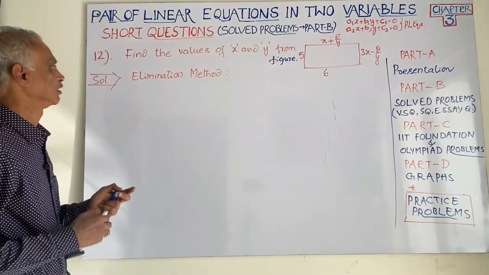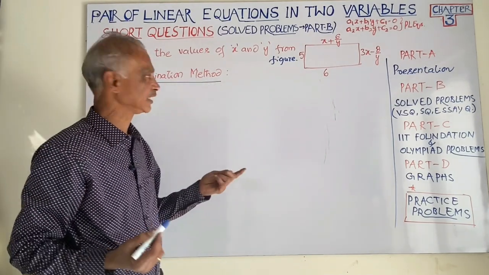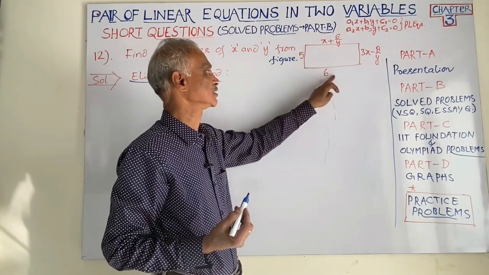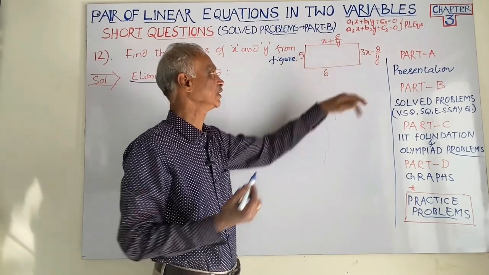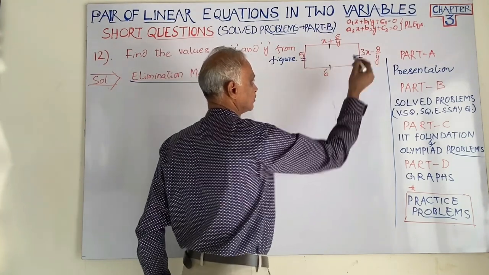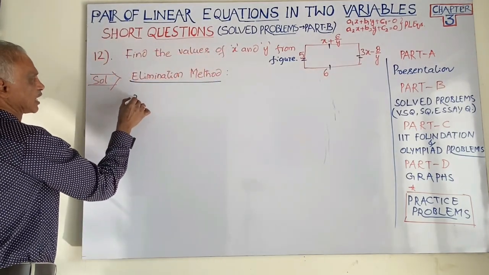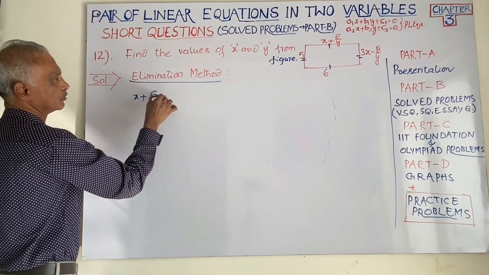See, what is the property you have in rectangles? Opposite sides are equal. Two opposite lengths are equal, and opposite breadths are equal. Now write the equations. I am writing the length: x plus 18 by y is equal to 6.